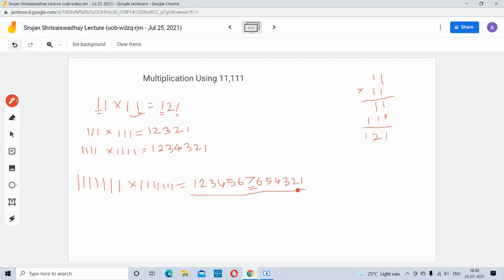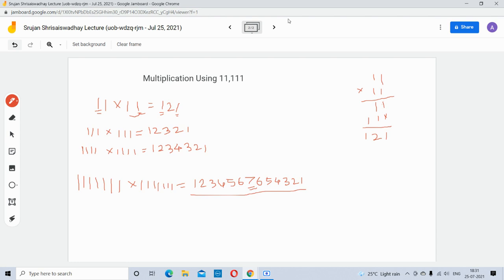If you come across such examples in your competitive exams, you should do it very fast with the help of such a technique: 1 to 7 and reverse back. This is how you can multiply equal numbers of ones with equal numbers of ones.